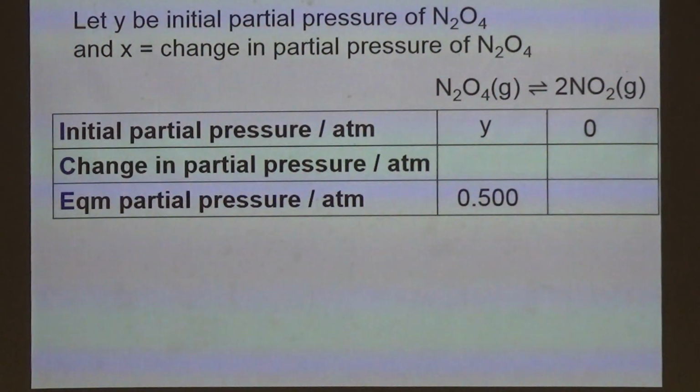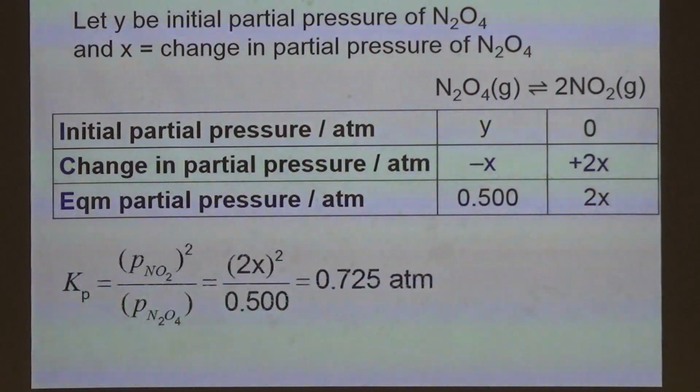The change in partial pressure is minus X, so this must be plus 2X. So the equilibrium partial pressure of NO2 is going to be 2X. From this column, I will know that Y minus X is equal to 0.500. So that's one equation.